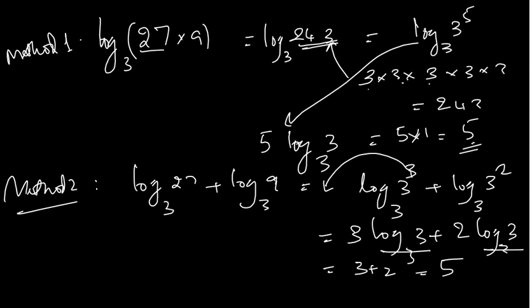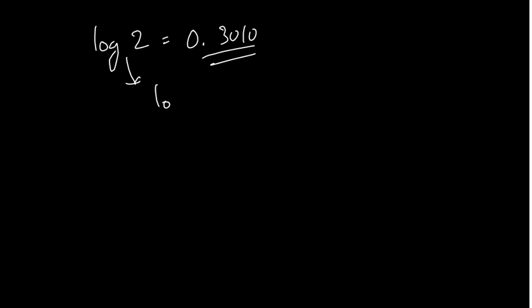For example, press the log button on the calculator and give 2. How much you get? Correct, 0.3010. This is a log 2 value. Here the base is assumed to be 10, log 2 to the base 10.